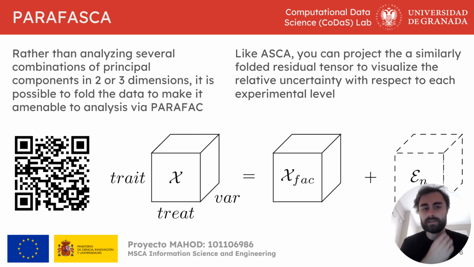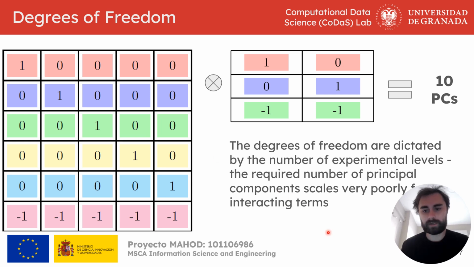And the nice thing about that is that we can typically visualize the same information using much fewer components, because the maximum rank of a PARAFAC model is going to be less than or equal to the maximal rank of an ASCA model.